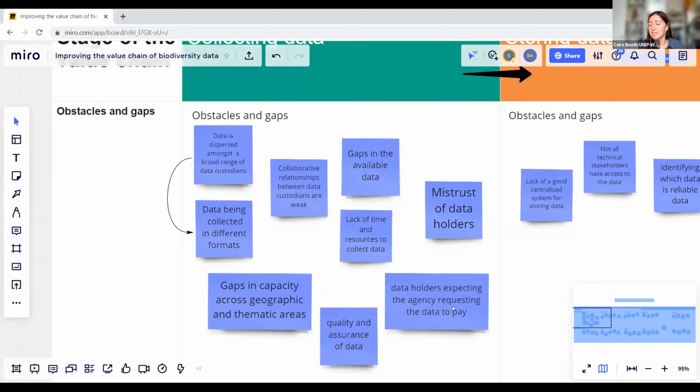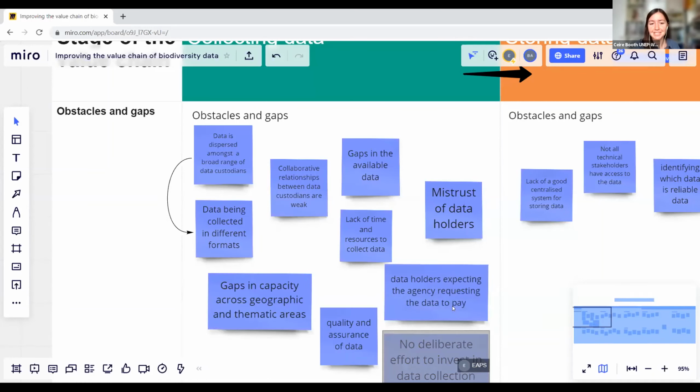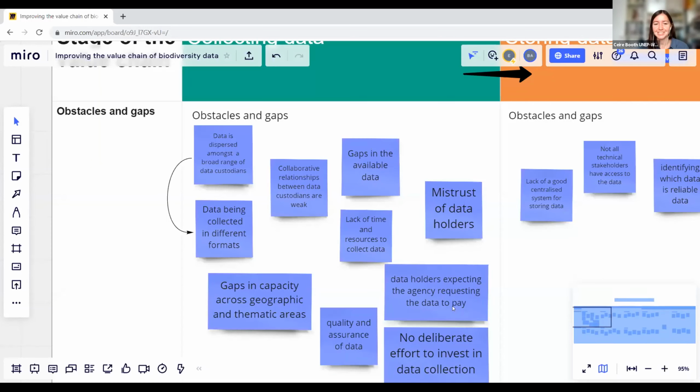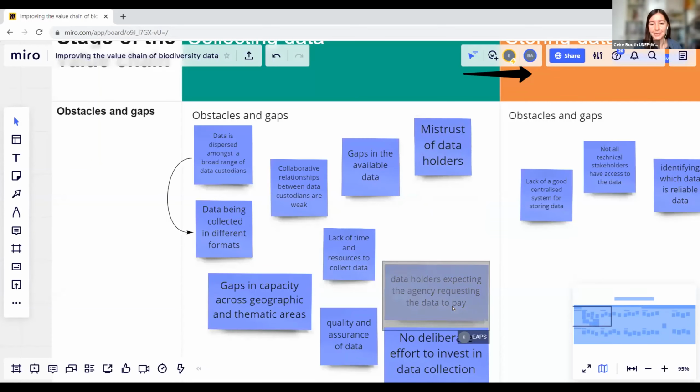Some of that data may be even orally communicated. We also have gaps in capacity across geographic and thematic areas. So I think, again, that kind of resonates with what we were talking about a moment ago as well.